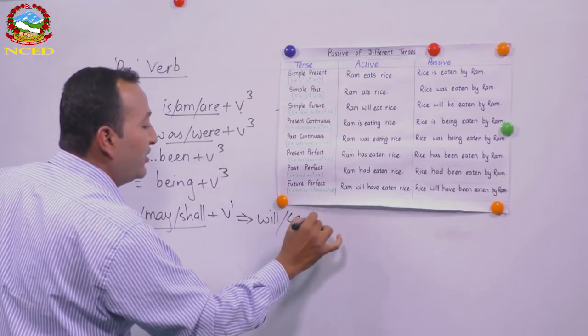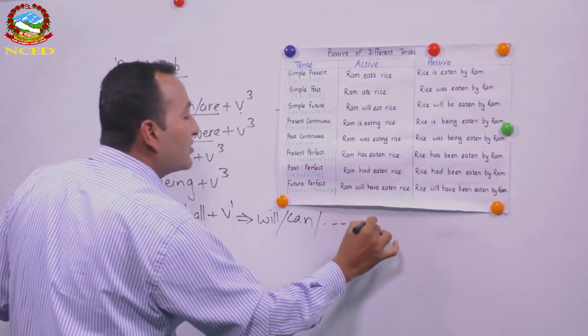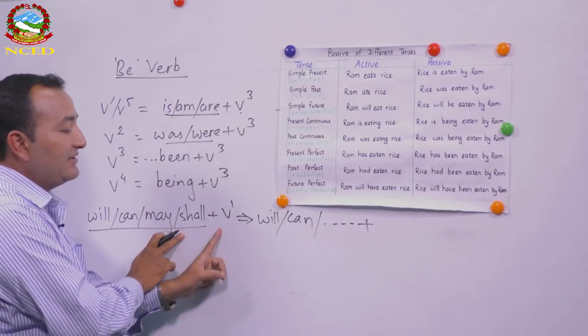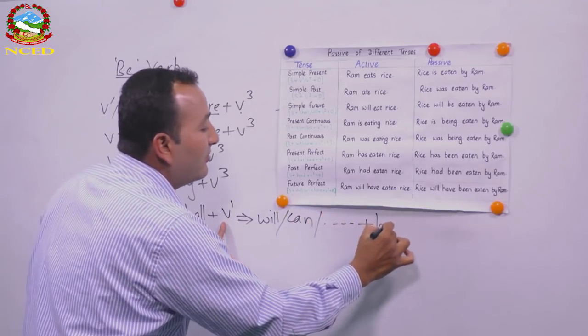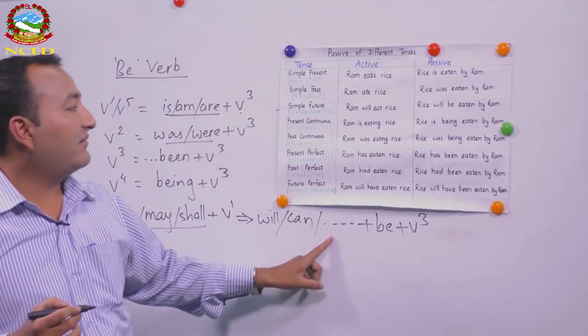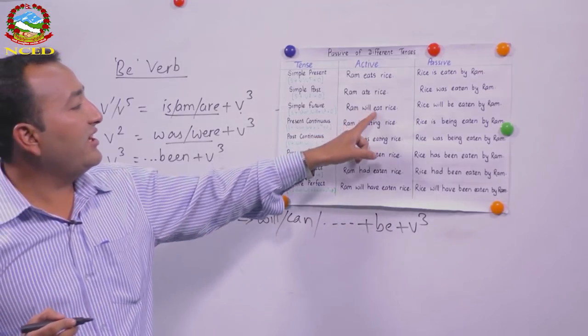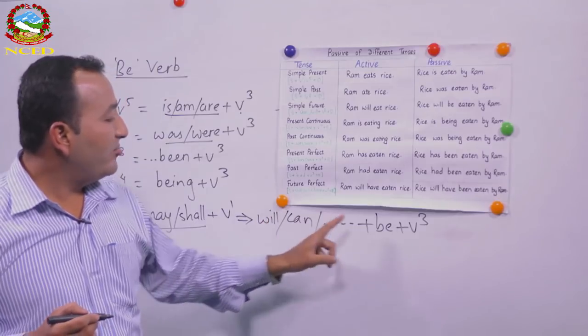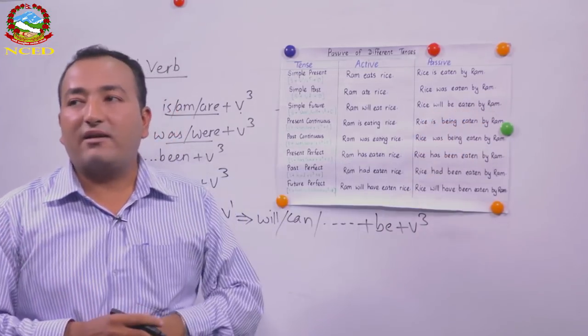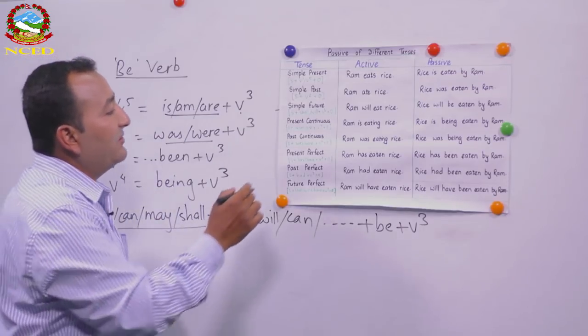If there is can, use can, the same. Plus, in place of verb 1 after modal auxiliary verbs like these, we use be plus verb 3. This rule applies here. Look at this. Will eat, so will be eaten. Will be eaten by Ram. This is how we do it.